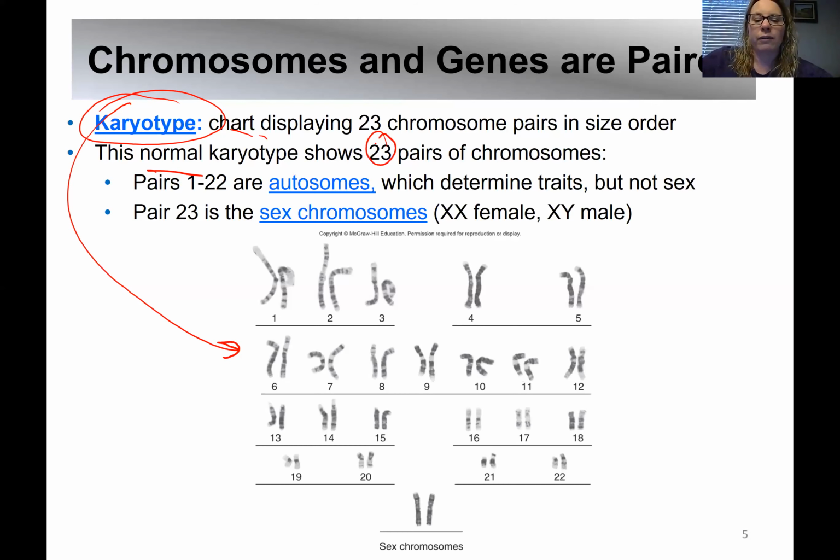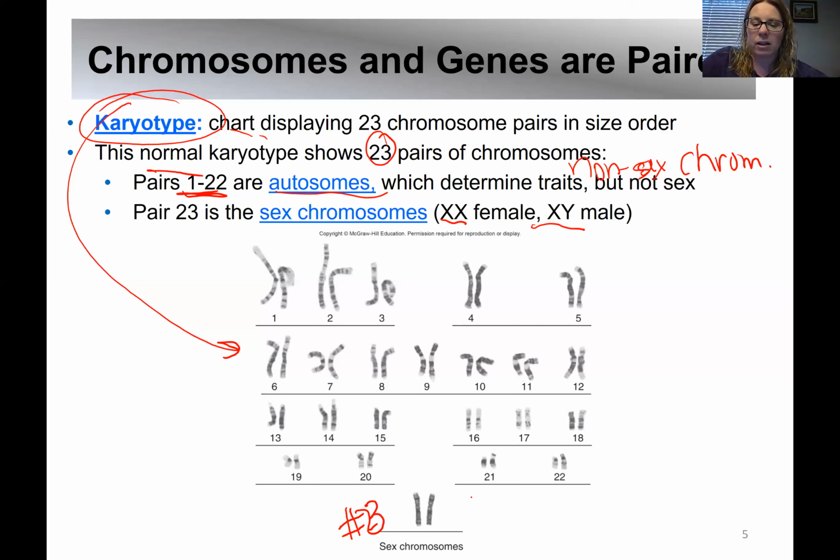Now, the first 22 are called autosomes. These are the non-sex chromosomes. The 23rd pair is the sex chromosomes, and that's going to determine gender. We consider XX female and XY to be male.